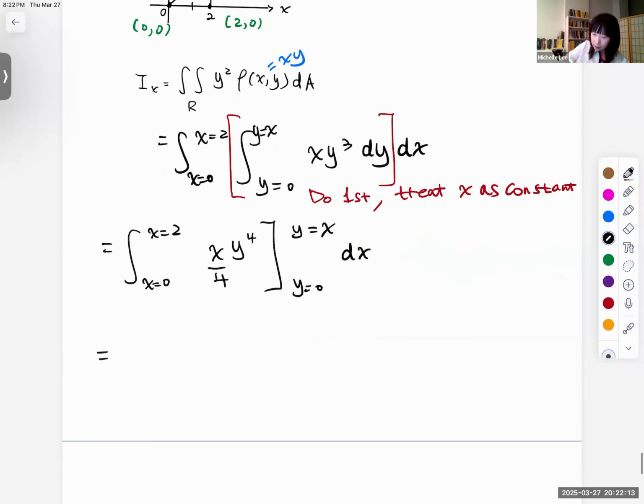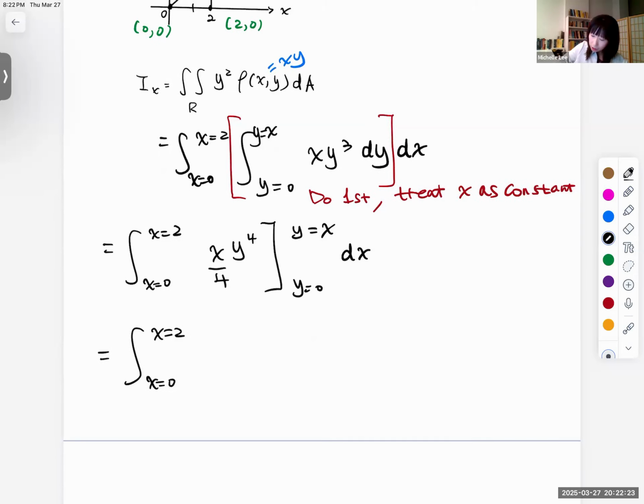Then we have x equals 0 to 2 and x over 4, oh, x to the fourth power, right?